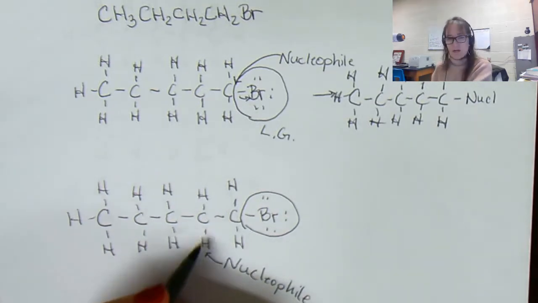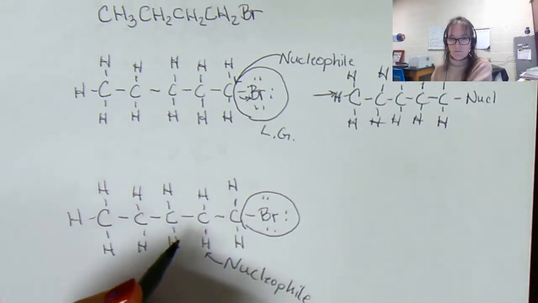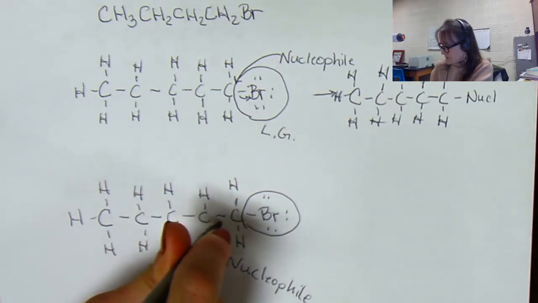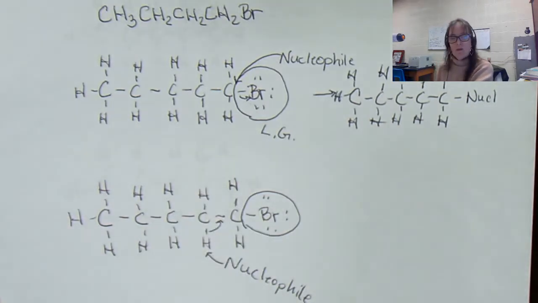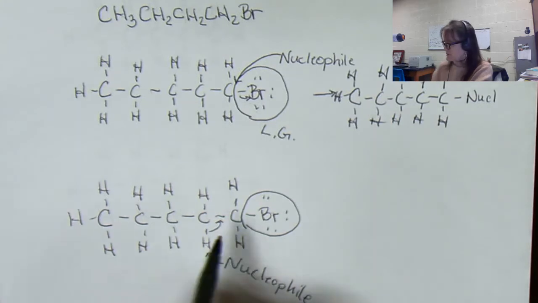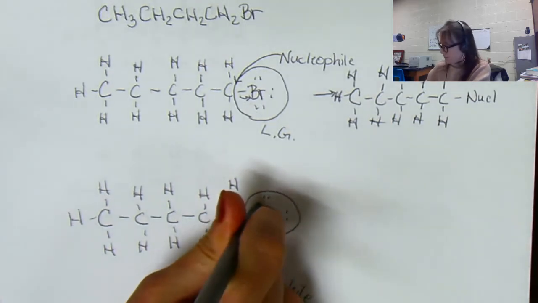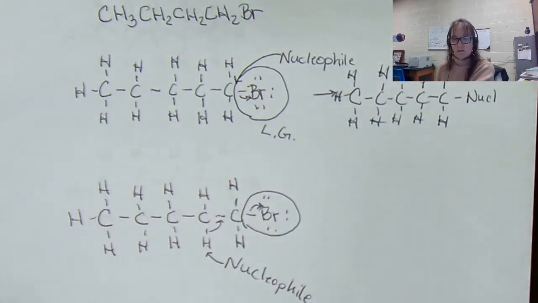Well, whenever a hydrogen leaves, it does not leave with its electrons, it leaves the electrons behind. And so this pair of electrons would go into a bond between this carbon and the one that has the leaving group, and that leaving group would leave with its electrons.